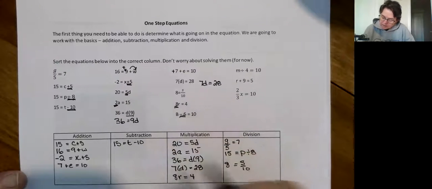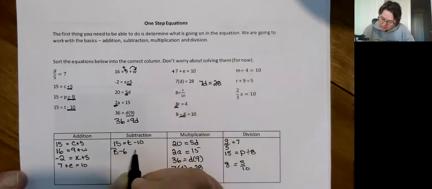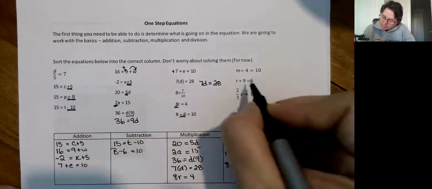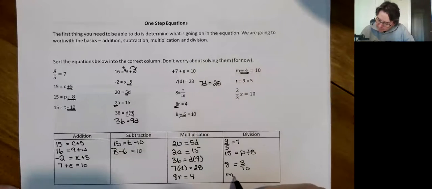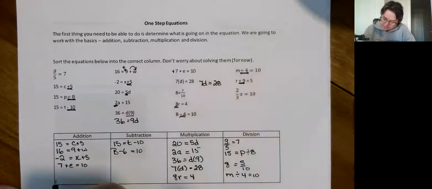Well, that one's easy. So that's going to be b minus 6 is equal to 10. And there we've got a division. And an addition one.